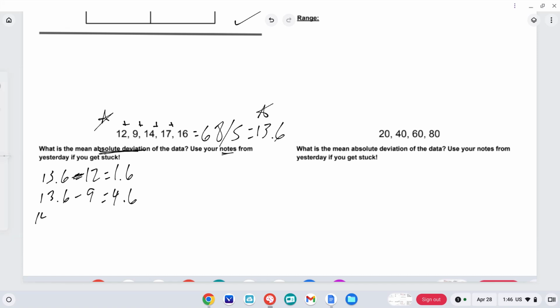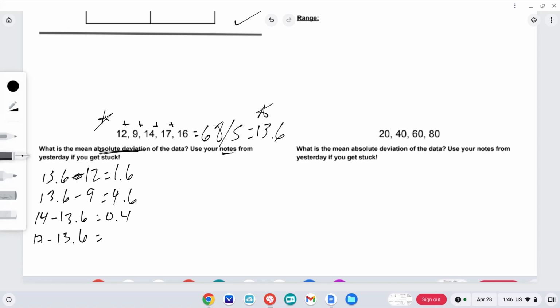Now again, bigger number first. Since the next number is 14, I'm starting with that. 14 minus 13.6 is 0.4. Next number, 17 minus 13.6 is 3.4. And the last one, 16 minus 13.6 is 2.4.